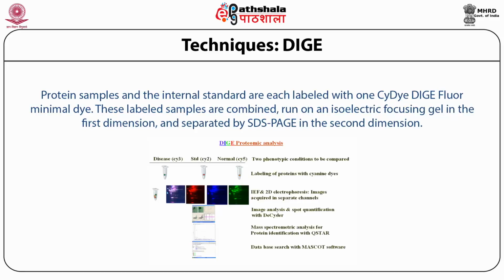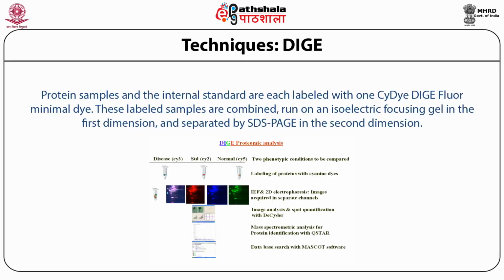For example, you could be labeling the experimental and the control group with Cy3 and Cy5, and the cyanine 2 label could be used to label an equal amount of protein from both these groups, which would now be the internal standard. Internal standard is used to normalize the expressions and also for in-gel comparison.